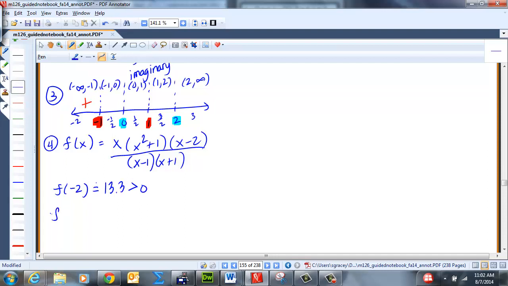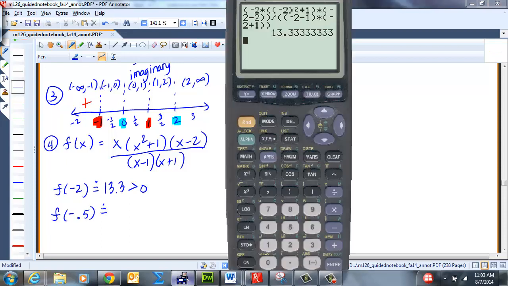Now, f at negative, let's write it as -0.5 since we're doing the calculator. So that'll equal, go back here, and we'll go second entry so we don't have to do everything. We are going to have to do an insert there though.